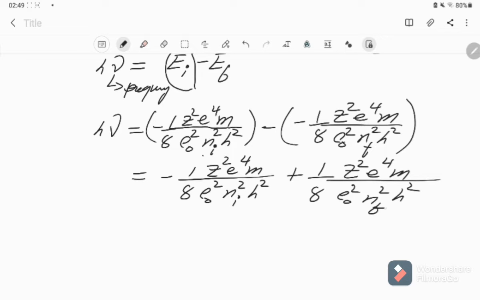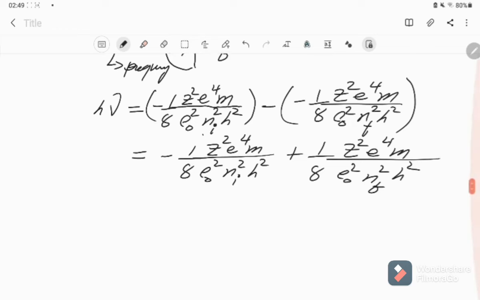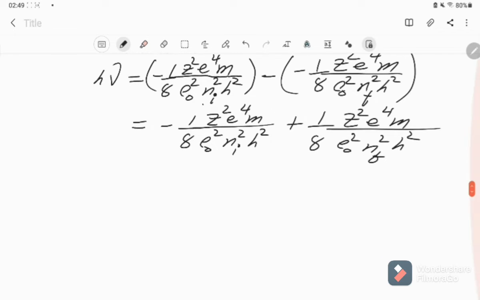Now I can write the plus one first, since here we have plus.